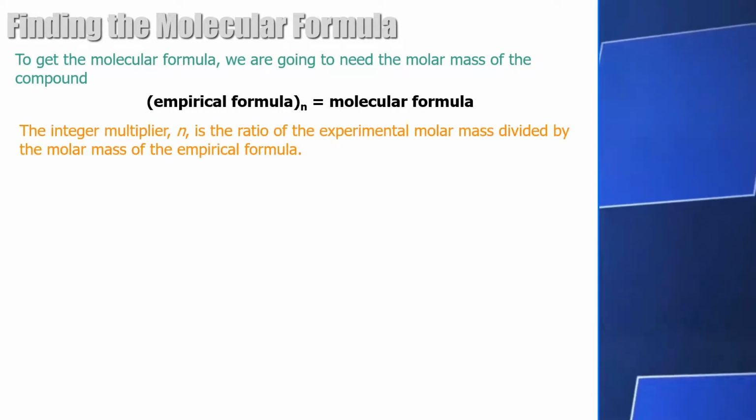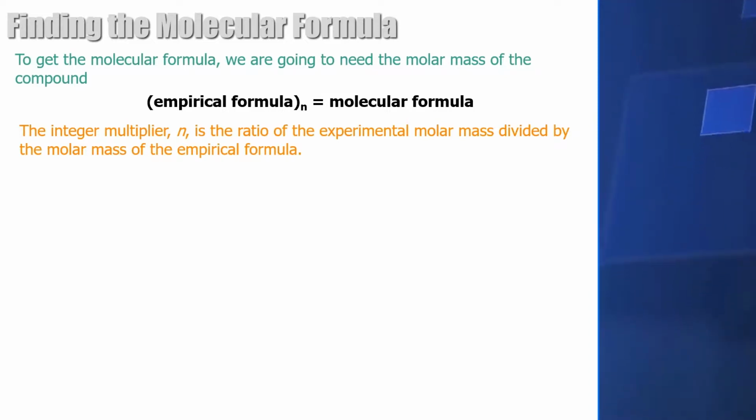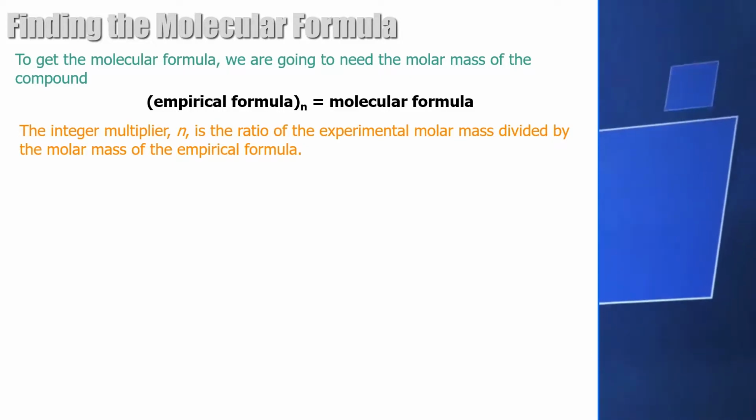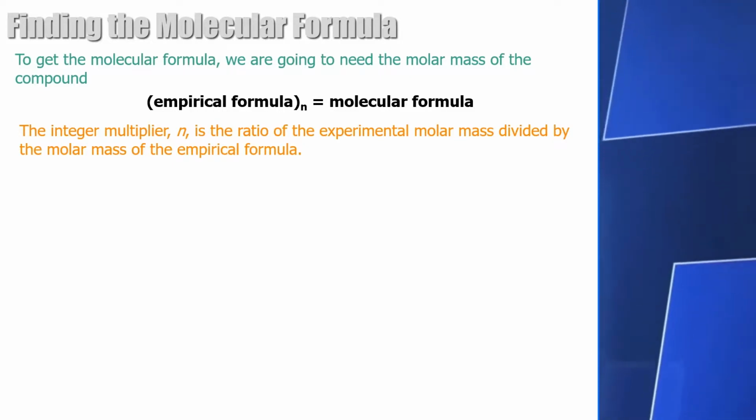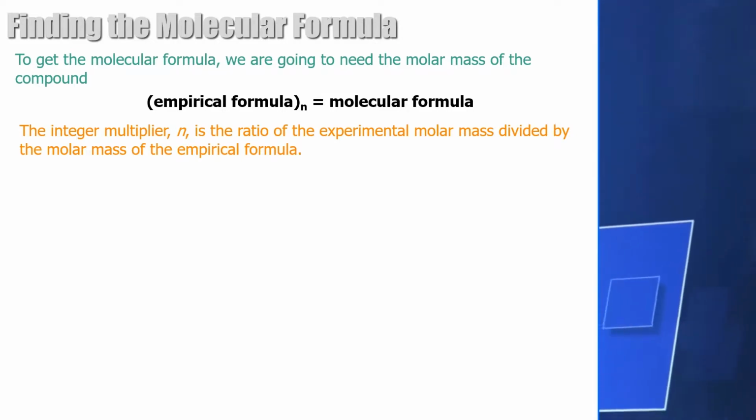This multiplier, n, is simply the ratio of the experimental molar mass, which we assume represents the molar mass of the molecular formula, divided by the molar mass of the empirical formula. Now let's return to our hydrogen peroxide example from the last lecture.